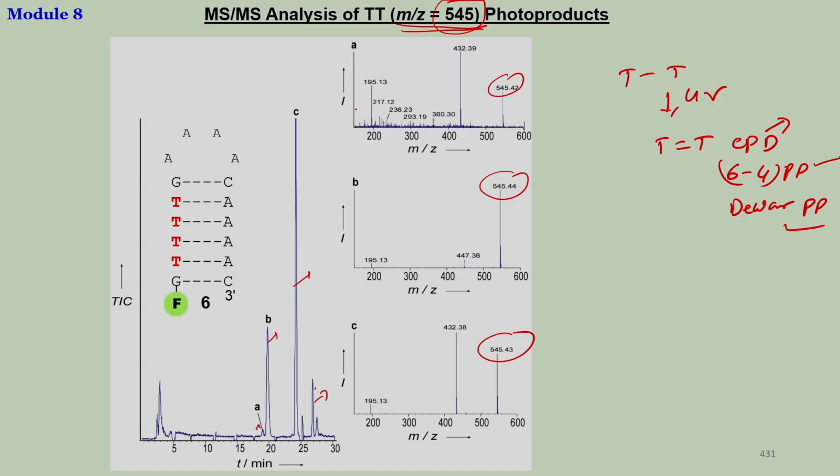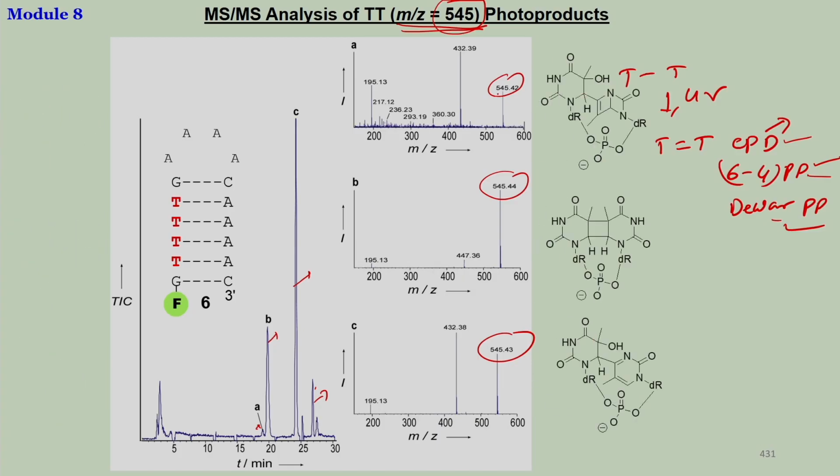So, obviously, if you see the 3 fragmentations, all of them are 545, but their patterns of fragmentation are very different, which basically means they are not the same molecules; they are isomers, maybe CPD, maybe 6,4, maybe Dewar. So from here we have analyzed which one is which.